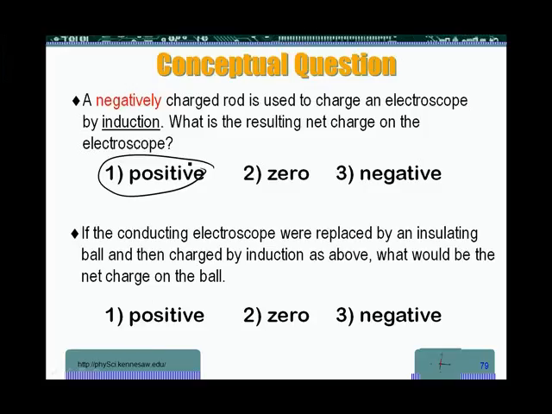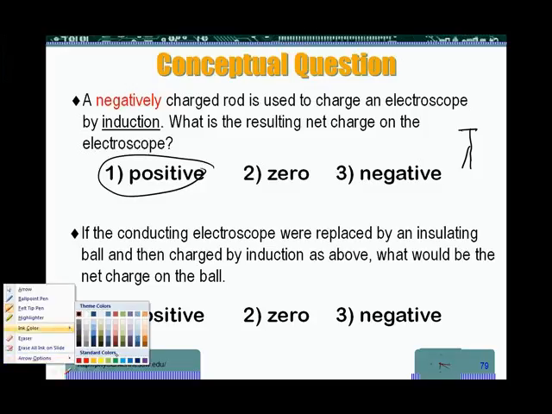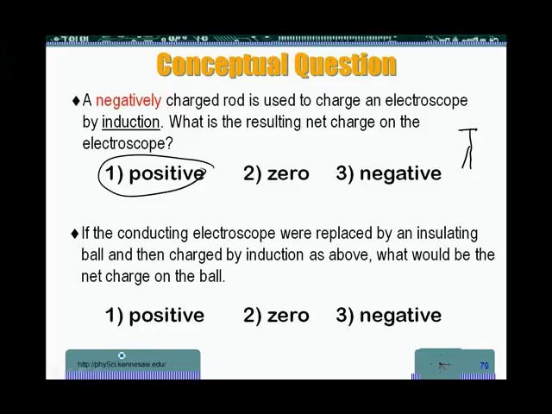Okay, let's do an analysis anyway, just to explain, to make sure that we understand it. So this is my electroscope initially. And then we are going to approach, let me make the negative blue in this case, a negatively charged rod.